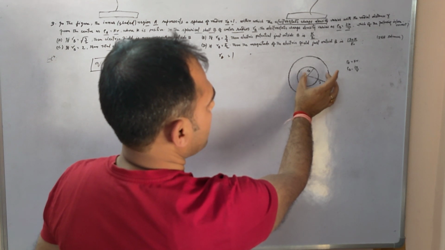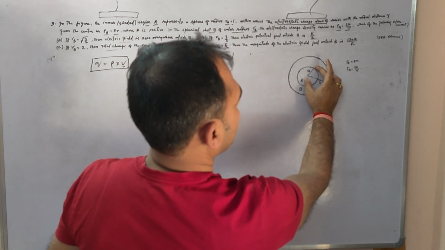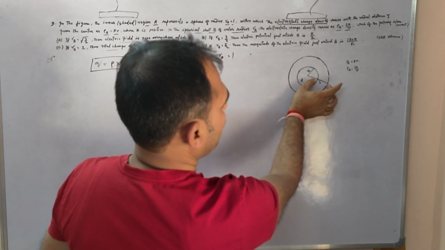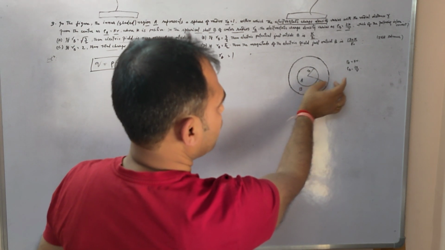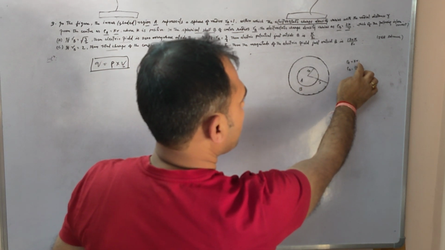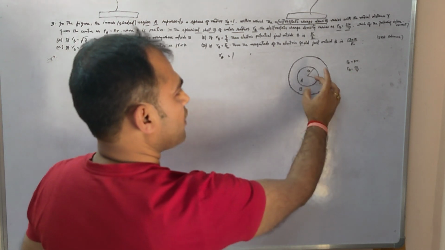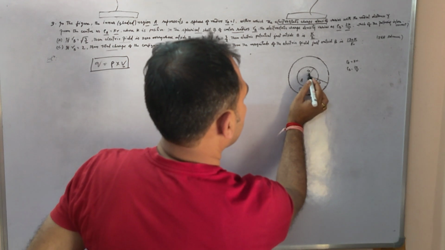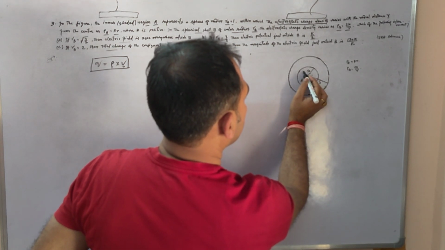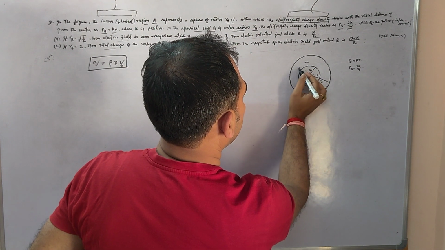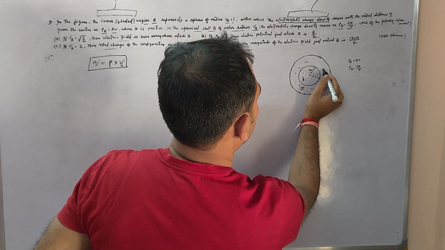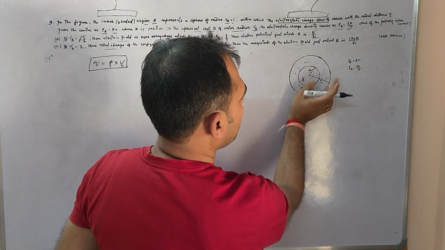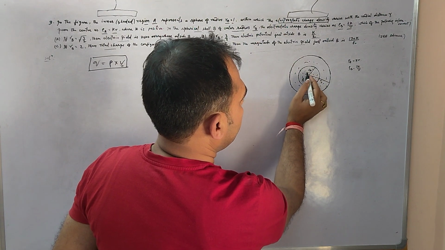No. It is kr for this and 2k by r for this. Also this is a function of r, so it varies for different spheres, inside and outside, as r is different for any sphere.